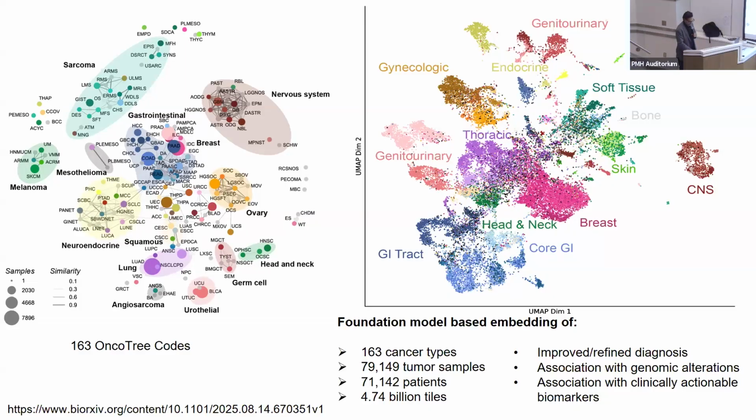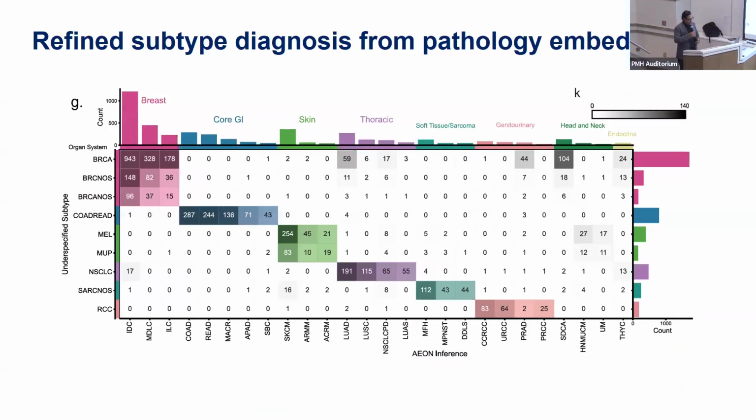This figure shows that a lot of the annotations in the clinical record are of a coarse-grained nature, where the granular histological subtypes are not specified in the pathology report. Here you have breast cancer, BRCA, on the top, and then breast cancer not otherwise specified, which is what those three rows at the top are.